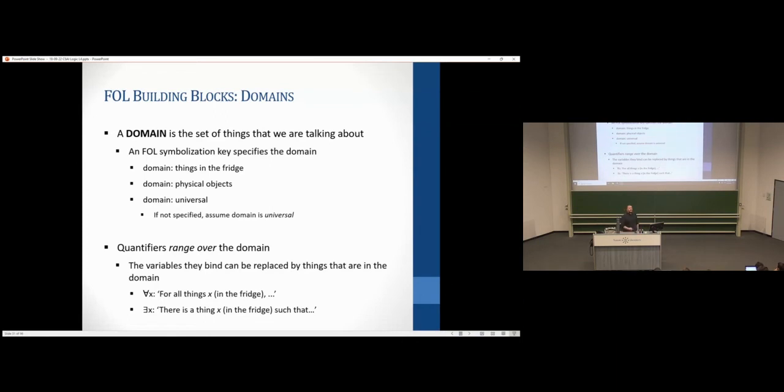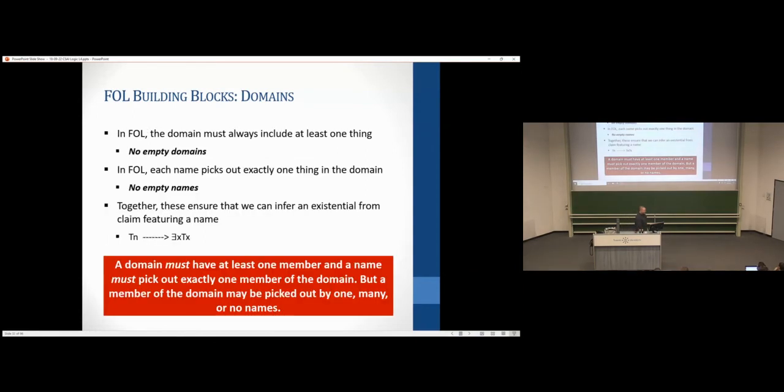Now we have a few simplifying things built into our system, and here are really the two. We've mentioned one already. The first one is we never have an empty domain. There's always at least one thing in the domain. Domains must always include at least one thing. That's the bare minimum, that's the floor. Relatedly, each name picks out exactly one thing.